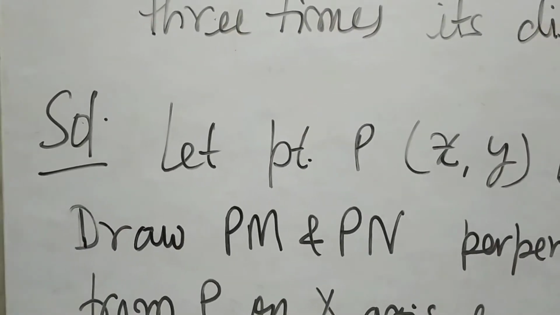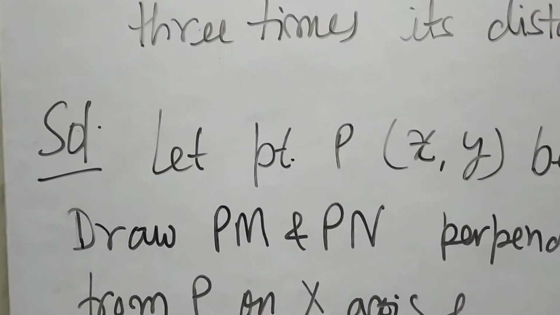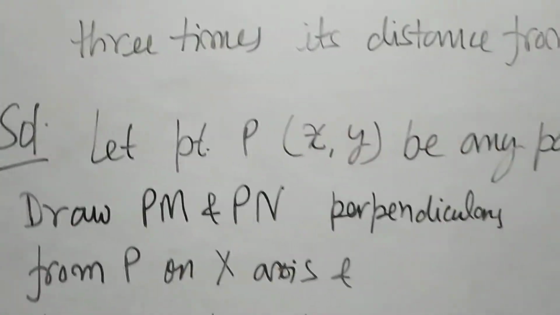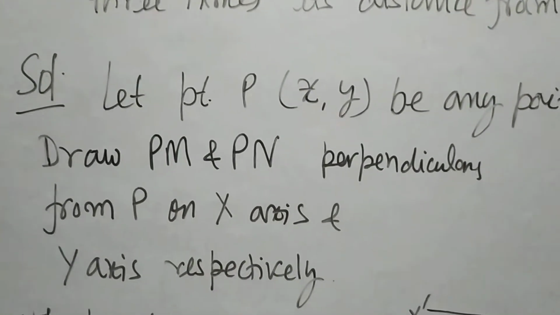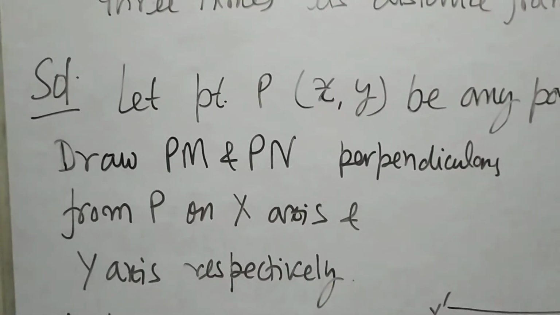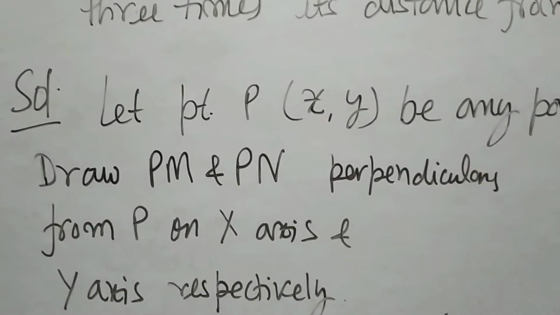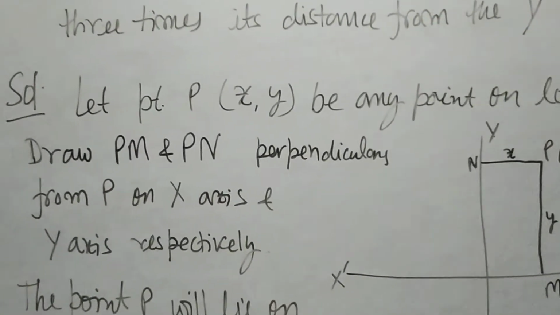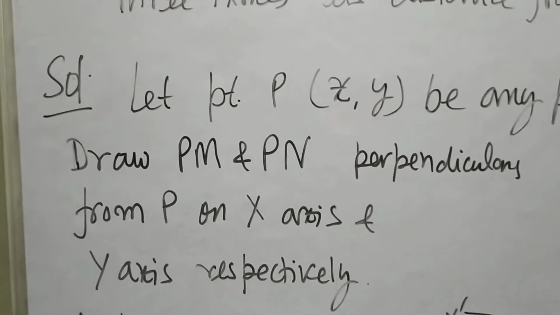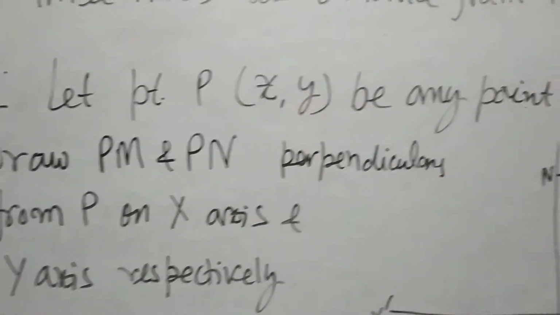Let me repeat again, because sometimes it becomes difficult to understand. So don't get confused at any level. Repeat again and again so that there is no chance to forget or get confused. Let P be any point.